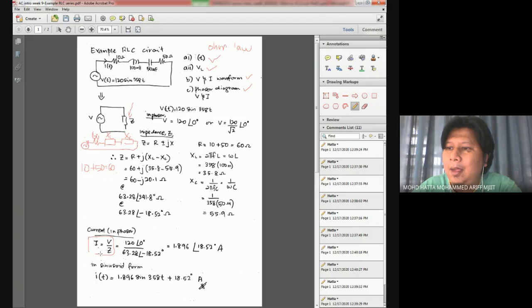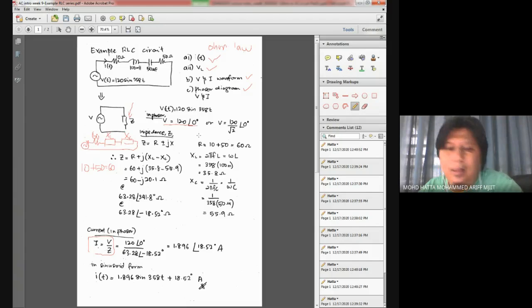In order for us to calculate the current, you need to get the value of impedance, as well as first analyze your voltage and voltage angle in phasor form. So the first thing that I did over here is that I must write my voltage in phasor form first.